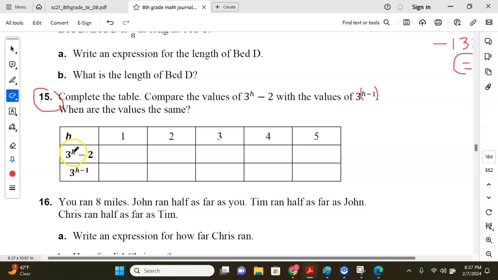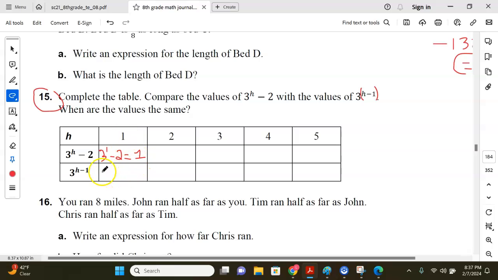So 3 to the first power. 3 to the first power is 3, and then 3 minus 2 is going to give you 1. So when h is equal to 1, the output is also 1. When you plug the 1 in for the h, the output is 1.